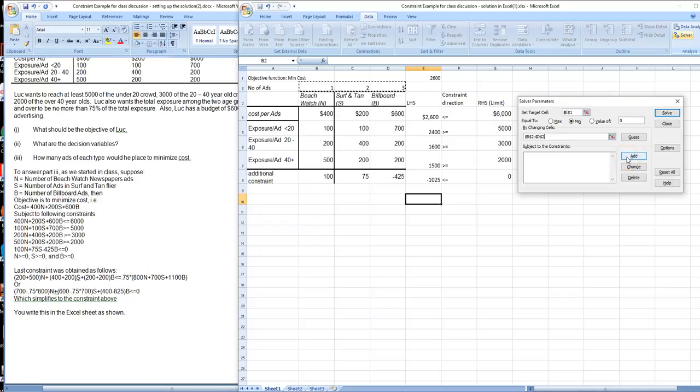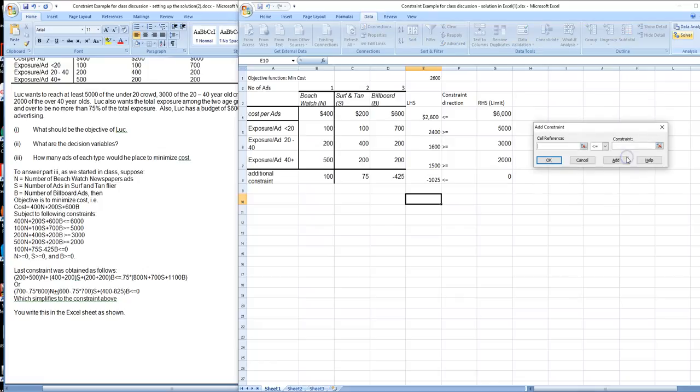Then you want to add the constraints. So you click on add, and the left hand side for the first constraint, which is the budget constraint, is this amount has to be less than or equal to the right hand side. So since we are adding constraints, you say add. Then our next exposure constraint is exposure to under 20. This amount has to be greater than or equal to.